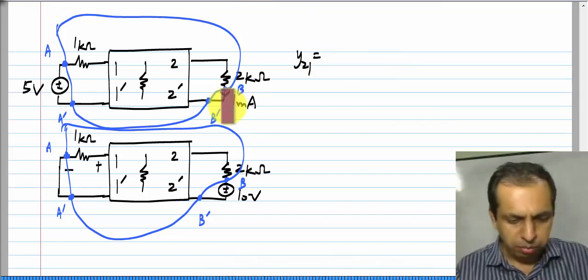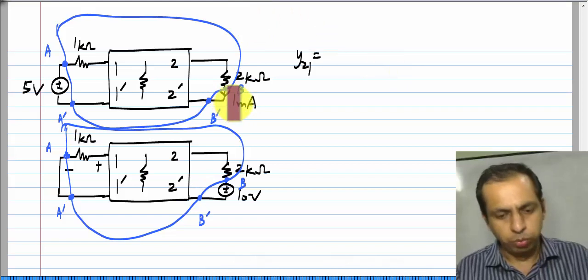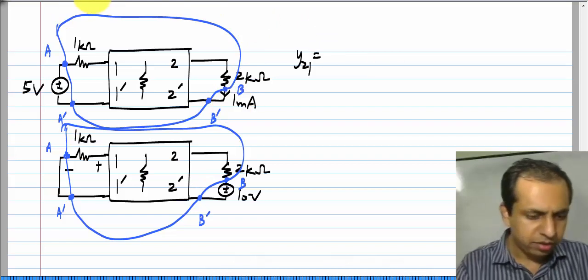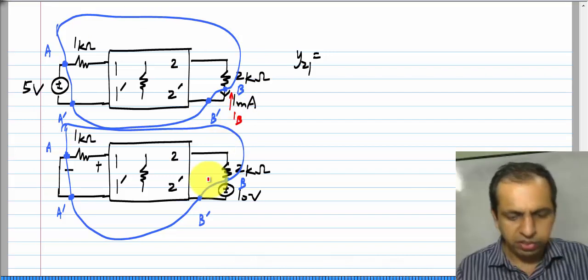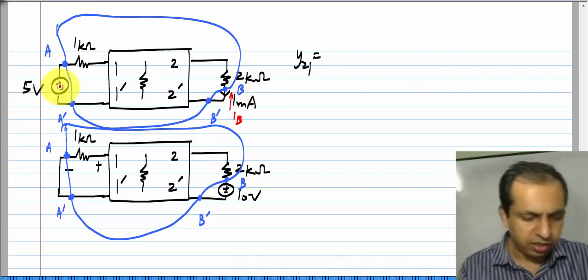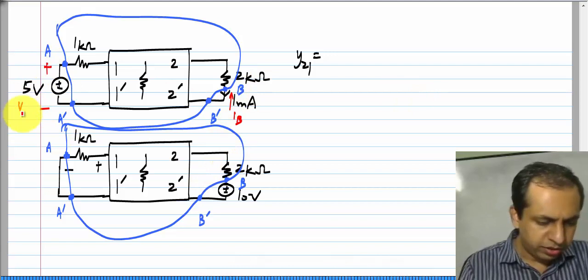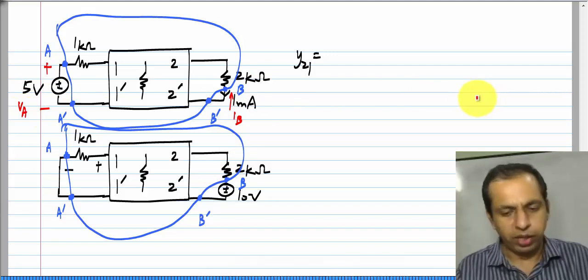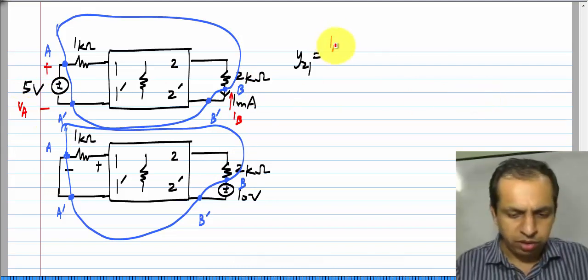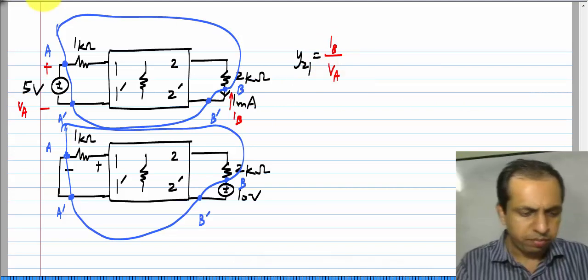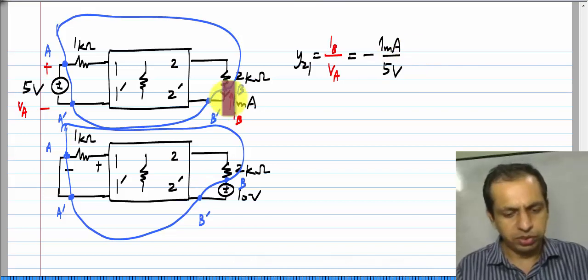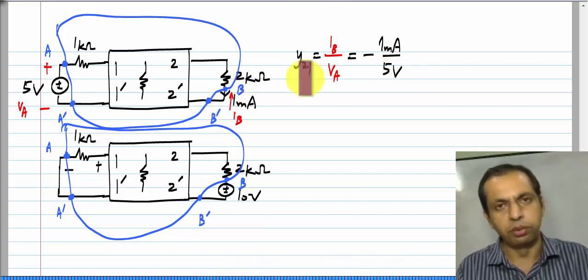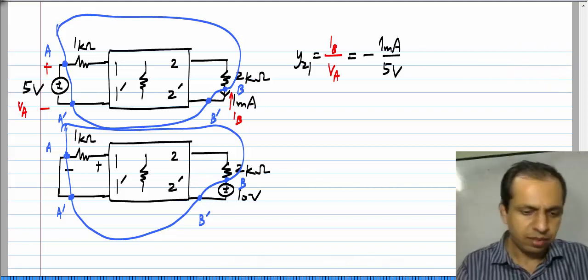Remember, for 2 port definitions, current IB is defined that way, if B is over there and this is VA applied to port A, and Y21 is nothing but IB by VA, which is minus 1 milliamp by 5 volts, because this 1 milliamp is in the opposite direction to the definition of IB.